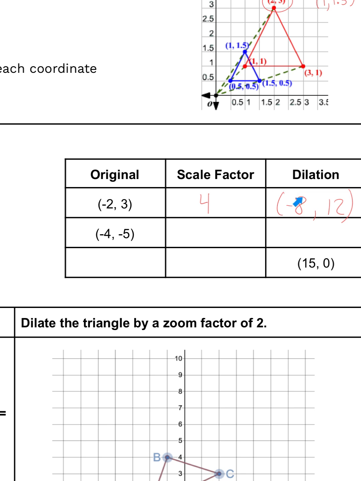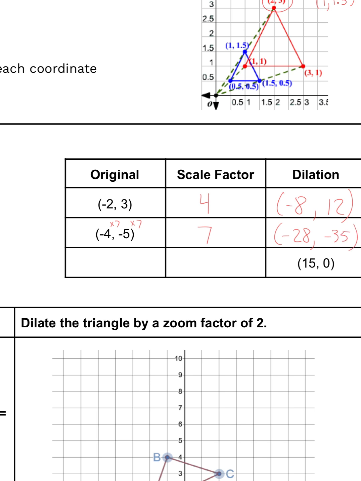These are each 4 times as big. Alrighty. Now, what if I give you a scale factor of 7? Again, you multiply. -4 times 7 will give you -28 for the new x coordinate. We take the y and multiply it by 7. -5 times 7 will give you -35.